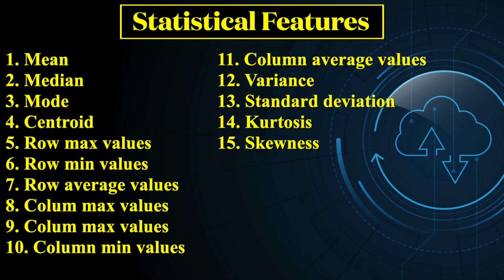Similarly, the median can be computed for the complete image, then the median of the rows, the median of the columns, and the median of RGB, and similarly the mode also. The mode can be calculated for rows, for columns, for the complete image and for RGB.